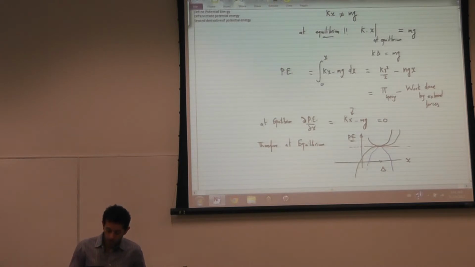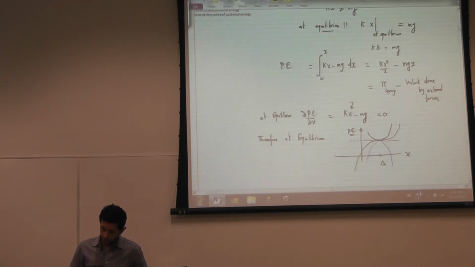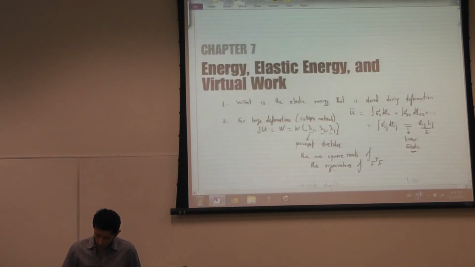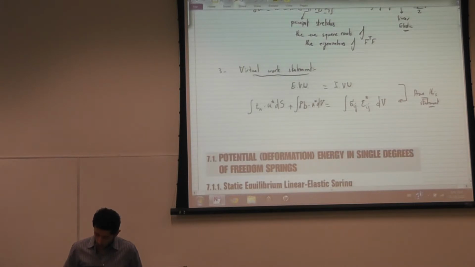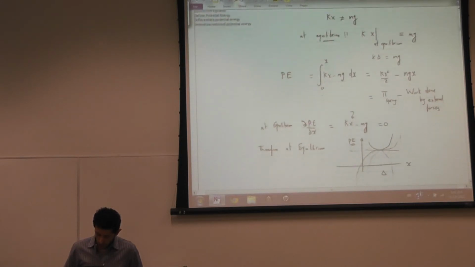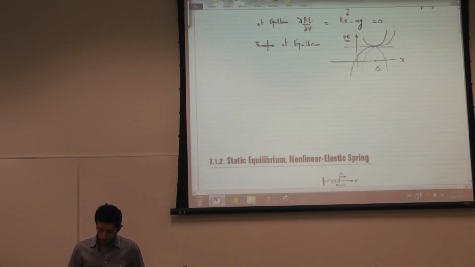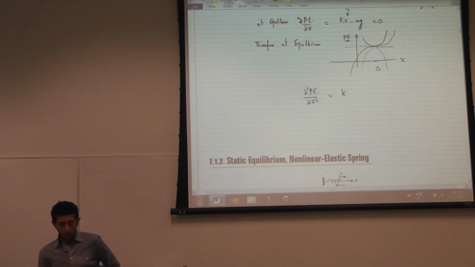How do we know which one? We take the second derivative. The second derivative of the potential energy with respect to x squared is equal to k, the slope of the stress strain curve, or the force displacement curve.